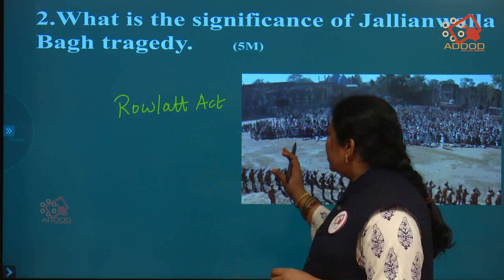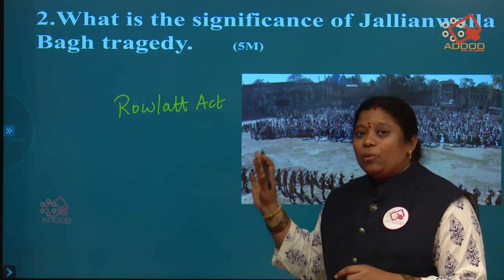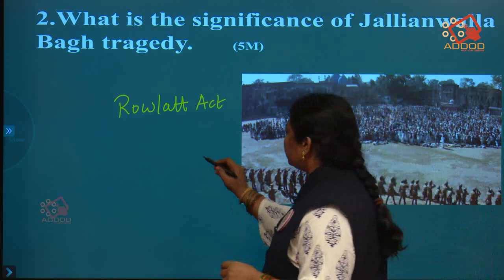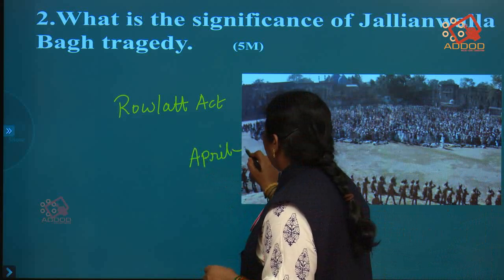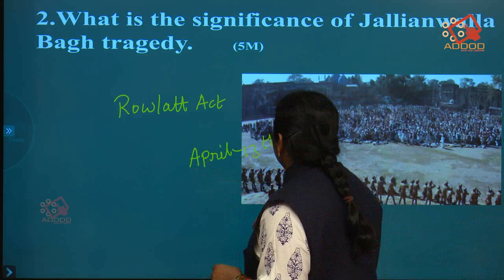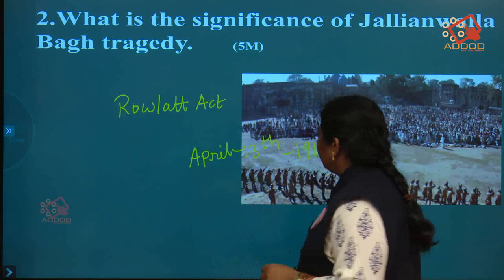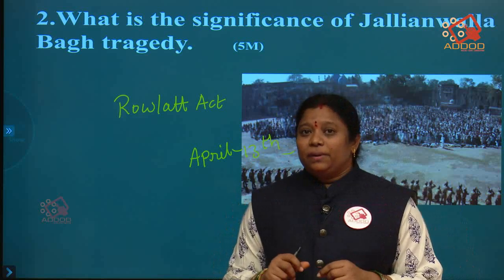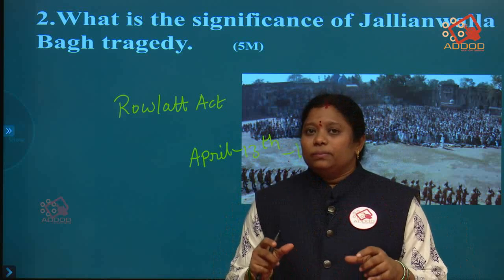Here, the people in Punjab gathered at the place called Jallianwala Bagh on April 13th, 1919, and started their movement.